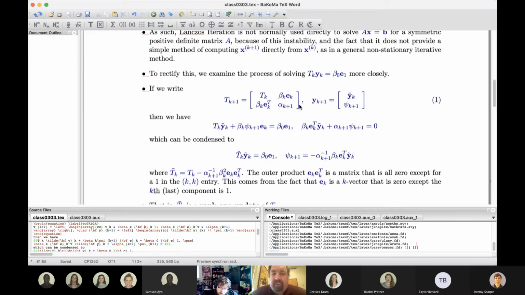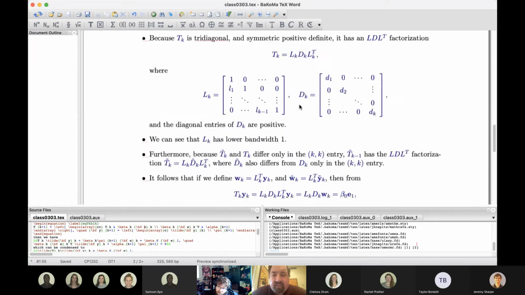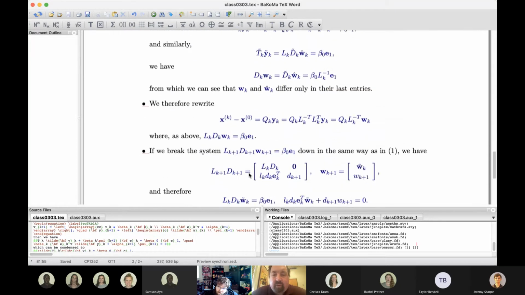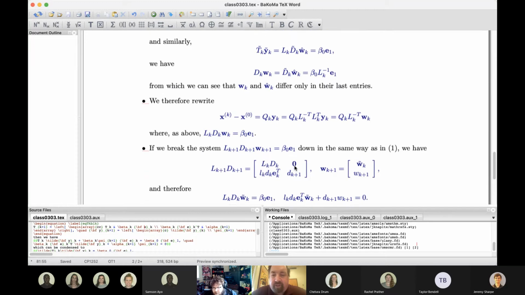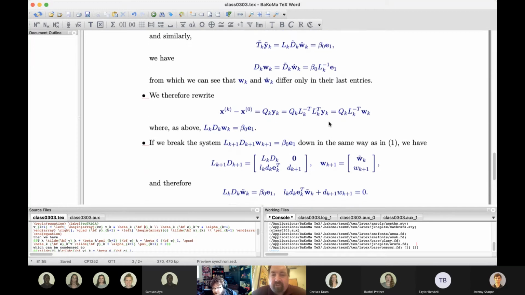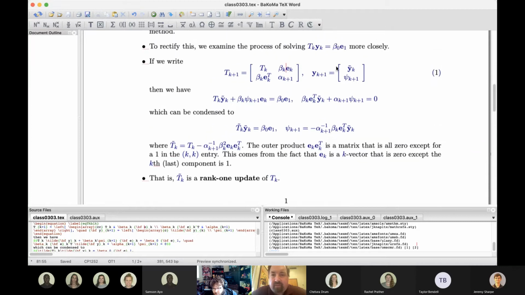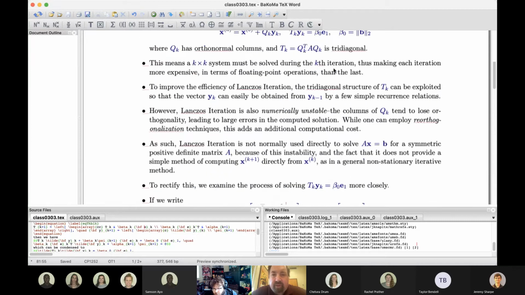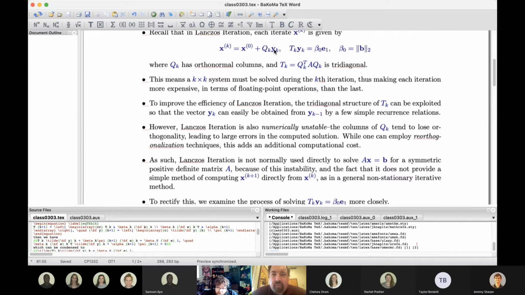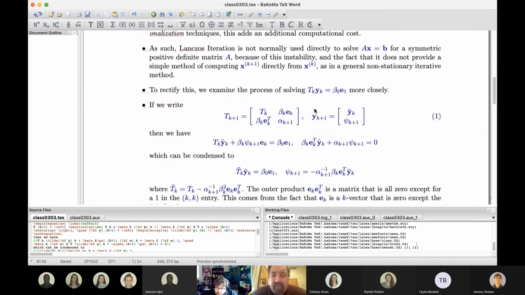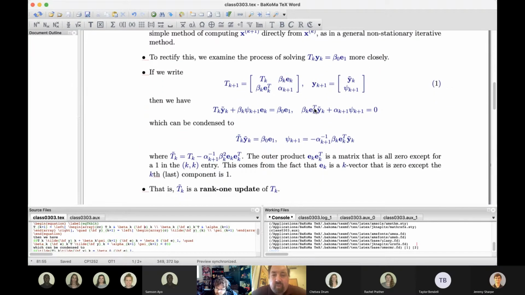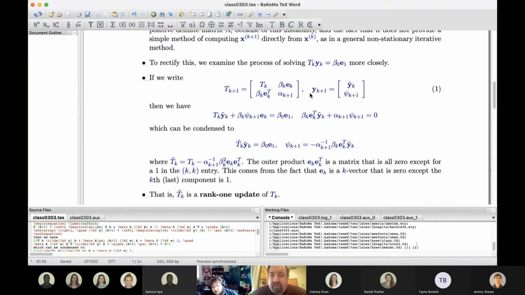Why? Because we worked with the LDLT factorization of T_k, giving us in this system a lower triangular matrix that caused this to be zero. So when we were dealing with the y's to construct our solution, when we were representing our solution this way with yk, we could not say that the first portion of yk plus 1 was simply yk.